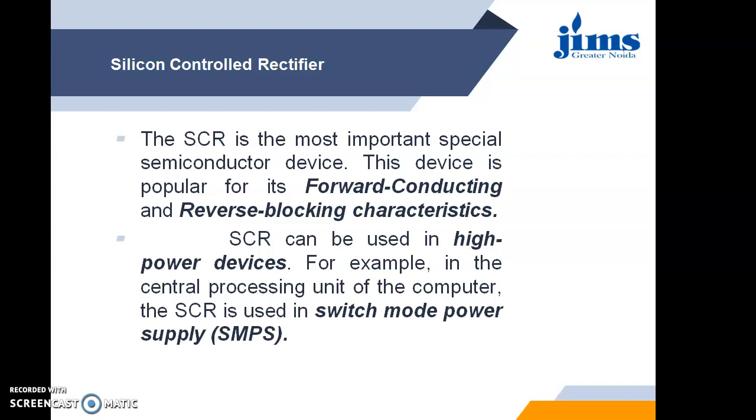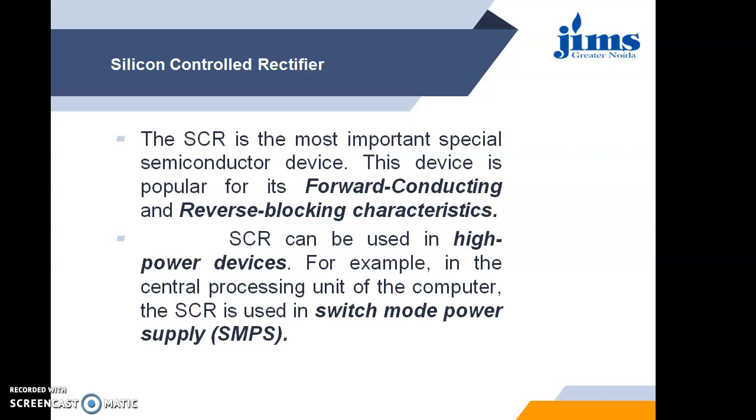Although many other devices can also offer these properties, this is considered as the parent high power device. So the SCR is the most special semiconductor device, and it is popular for its forward conducting and reverse blocking characteristics.